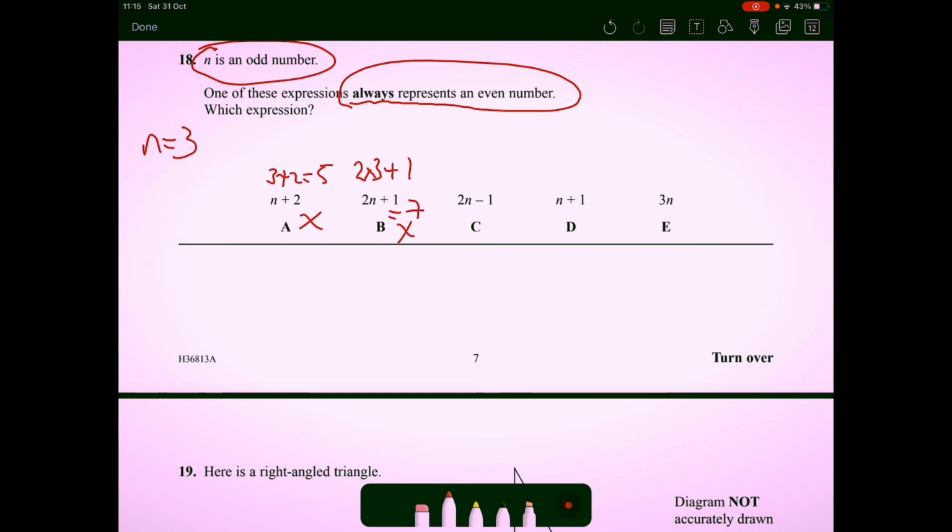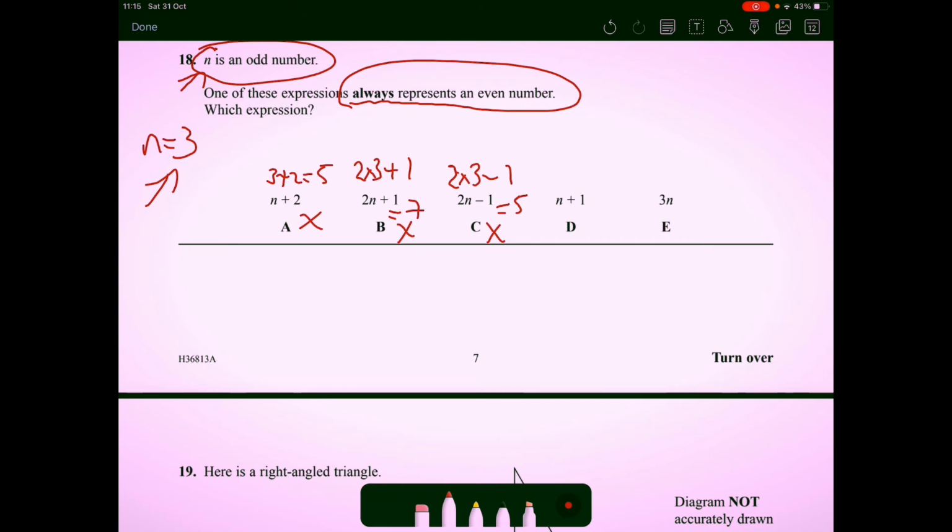No. Let's try the next one. 2 times 3, take away 1. That's going to give us 6 take away 1 equals 5. Is 5 an even number? No, it isn't. And by the way, just to remind you, where have I got the 3 from? I just picked any odd number because we're told that n is an odd number. So pick a nice easy one to work with and substitute it into each one.